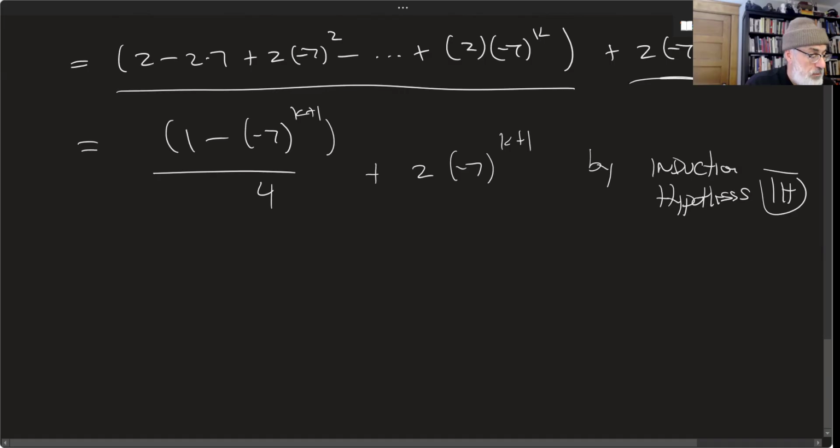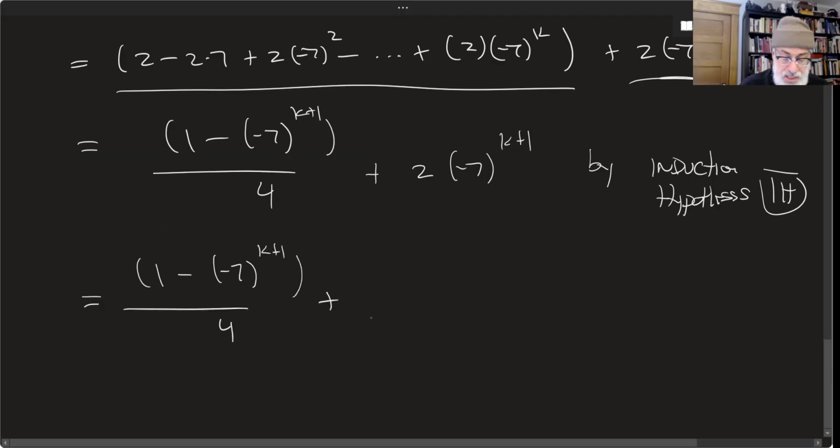Like in a couple of the proofs I've done, I just want to add these first. To add them, I need a like term on the second term here. Notice that since I have a 4 here, I have to multiply the top and bottom by 4. So 2 times 4 is 8, times negative 7 to the k plus 1.